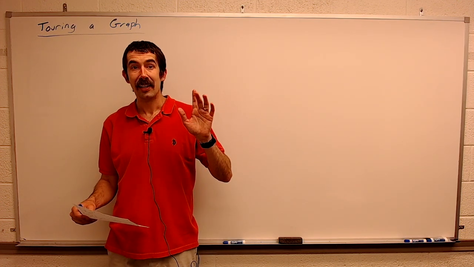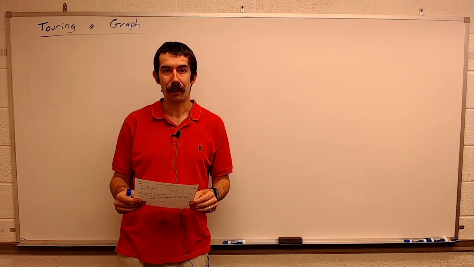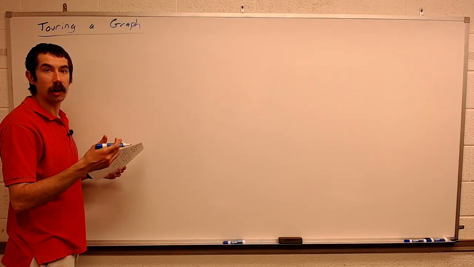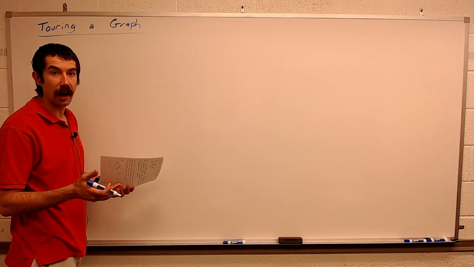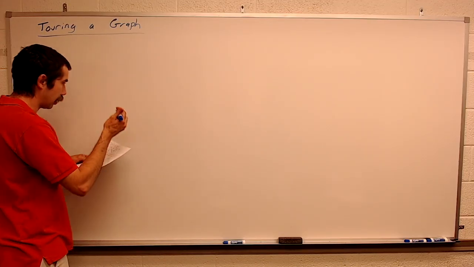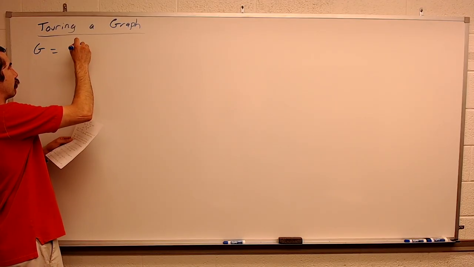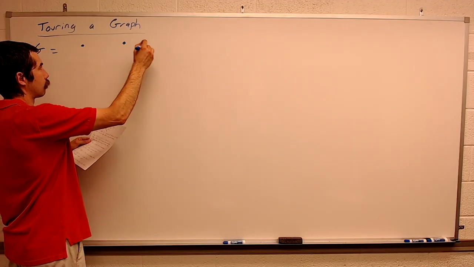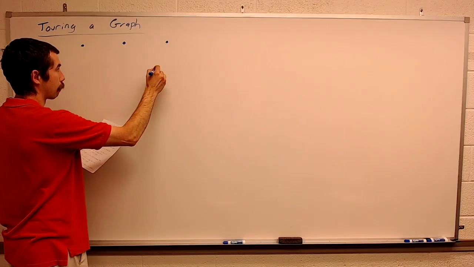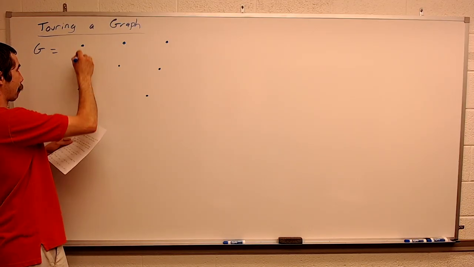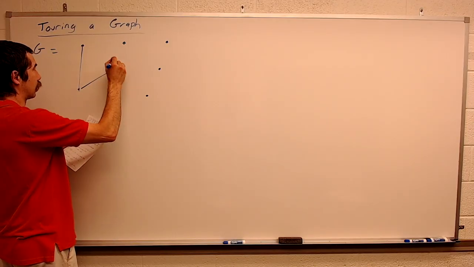Happy learning! Today we're going to talk about touring a graph. Okay, so let me start by drawing a graph that we're going to use as our running example for today. So let's let G be the graph that has 7 vertices that looks like this.